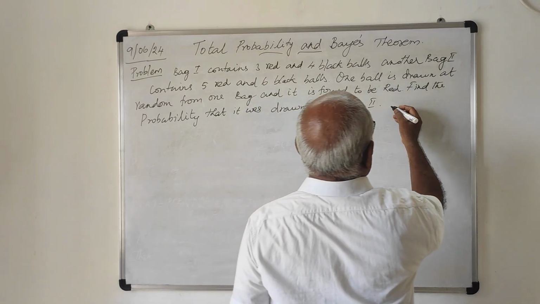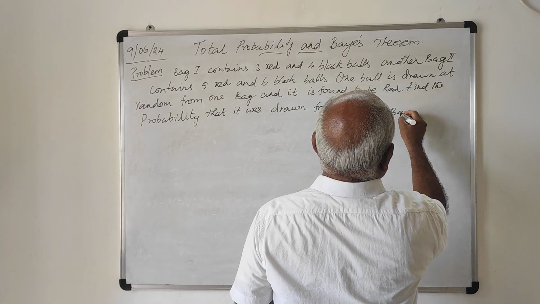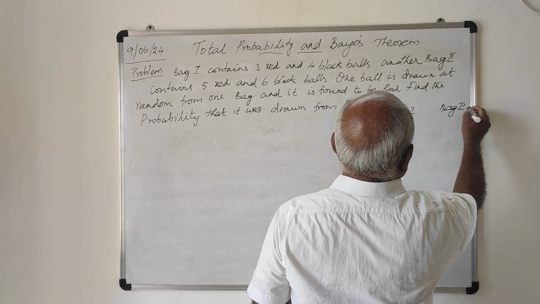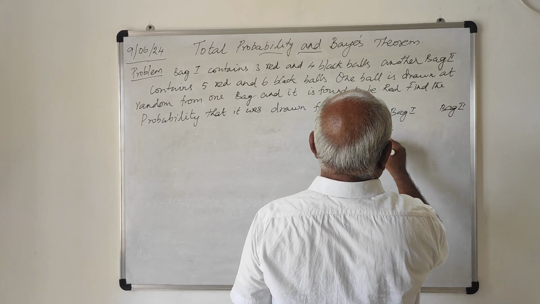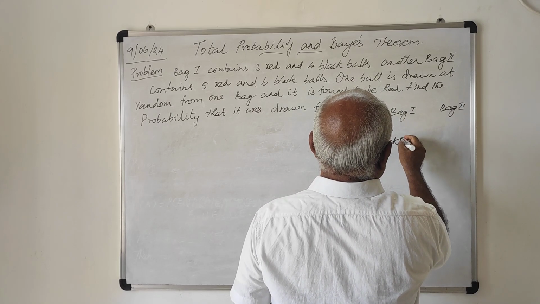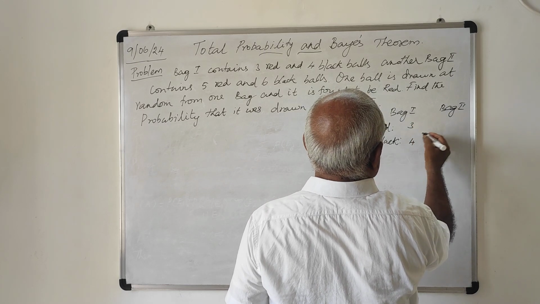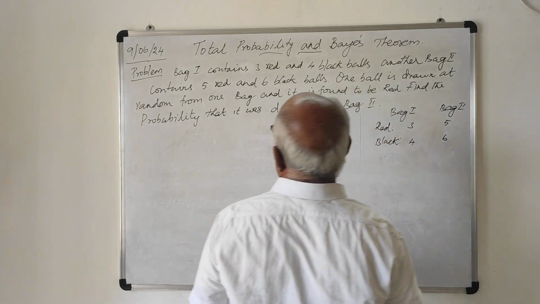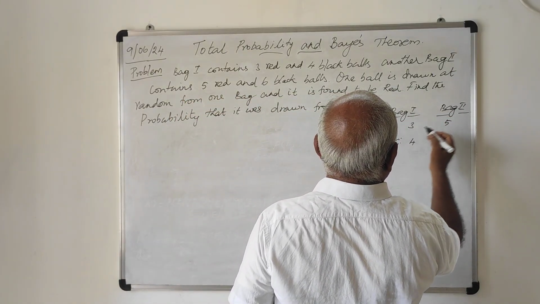See, bag 1 contains 3 red and 4 black, and bag 2 contains 5 red and 6 black. This is bag 1 and this is bag 2.